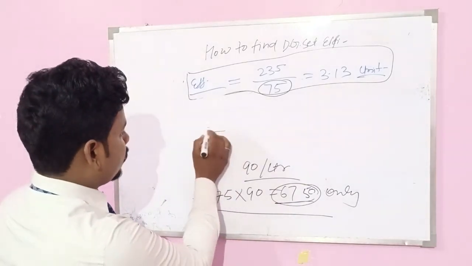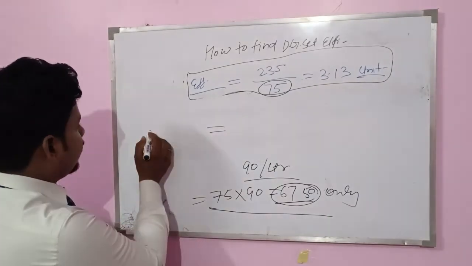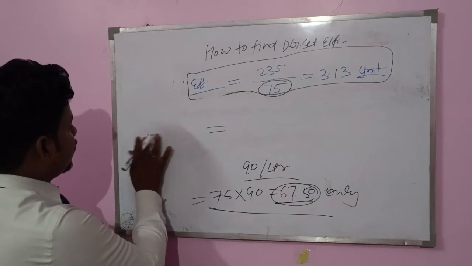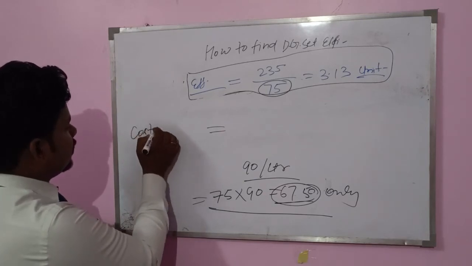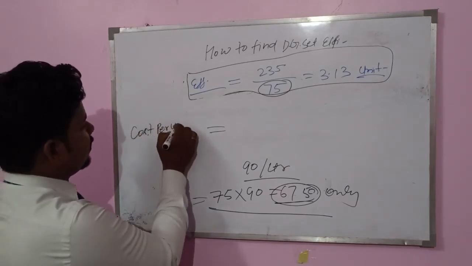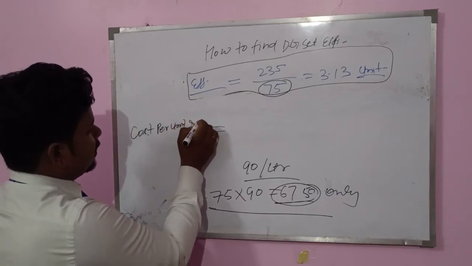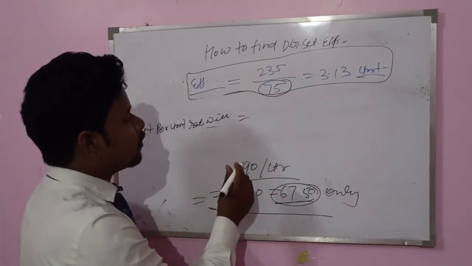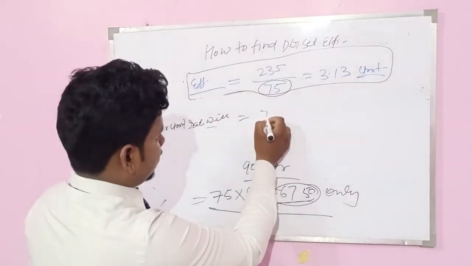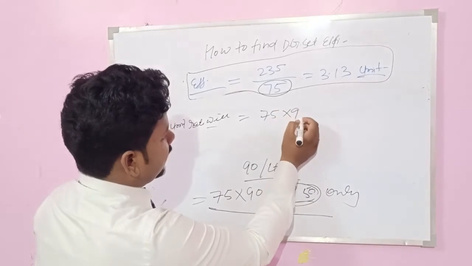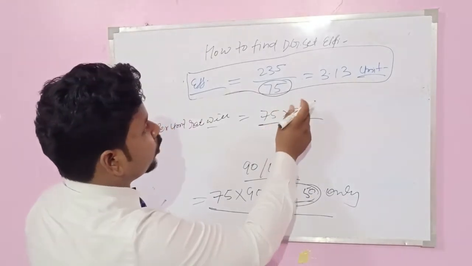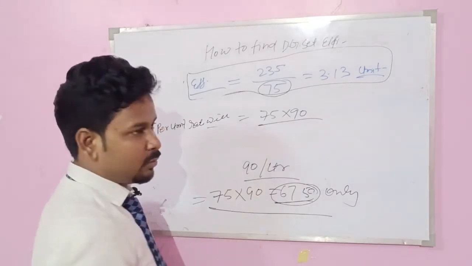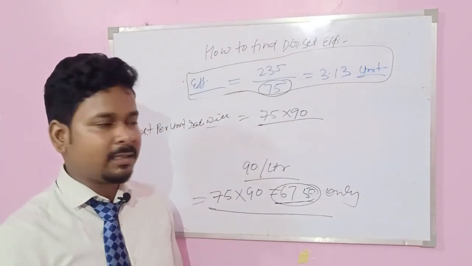So the unit cost, or per unit rate, will be equal to 75 into 90 upon total generated units. What were the total generated units? 235.